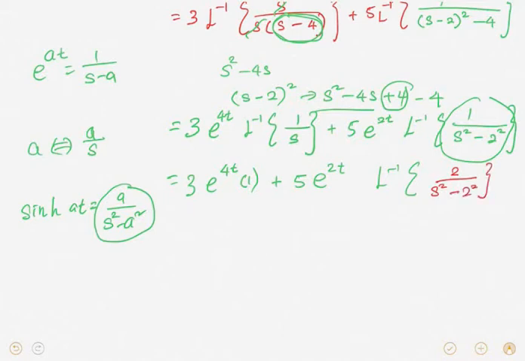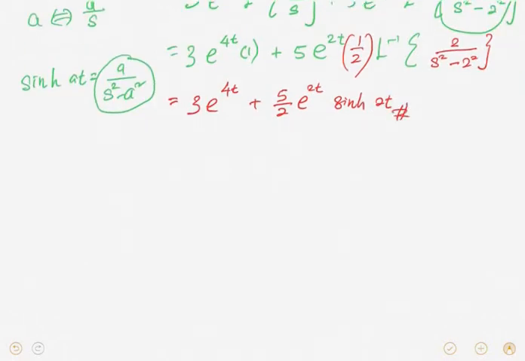But what you have in the question is only 1, so you need to divide by 2. Alright, so your final answer is 3 exponent 4t plus 5 over 2 exponent 2t sinh 2t.